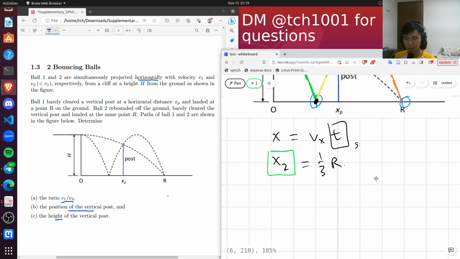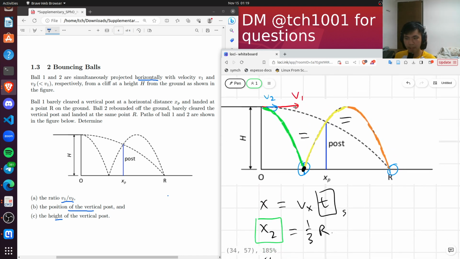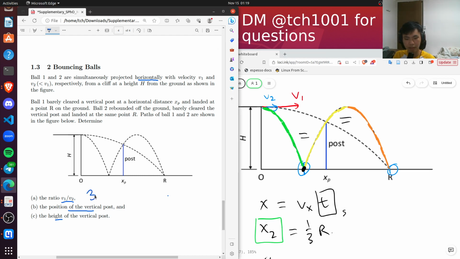So since x2 is equal to 1/3 of r, that tells us that the velocity of the first ball over the velocity of the second ball is equal to 3. The red arrow is 3 times longer than the blue arrow. So the first answer is going to be 3.